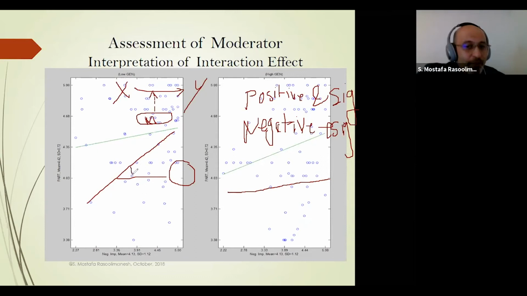So here, for low level of moderator, the effect is stronger, right?